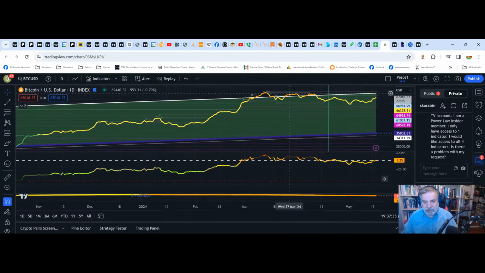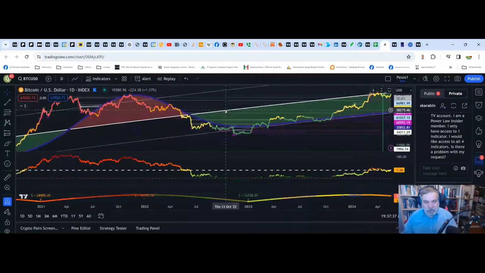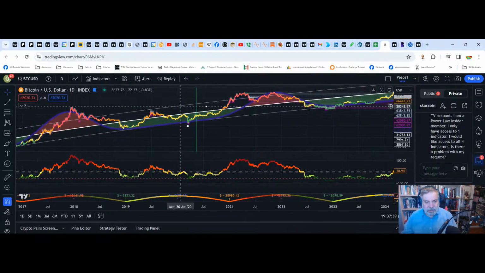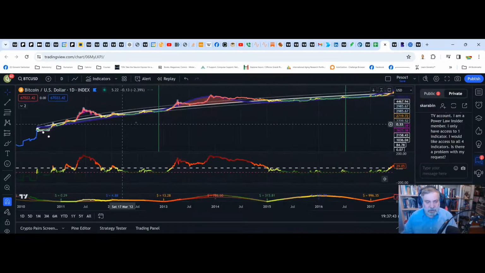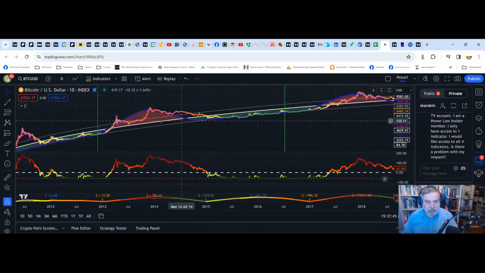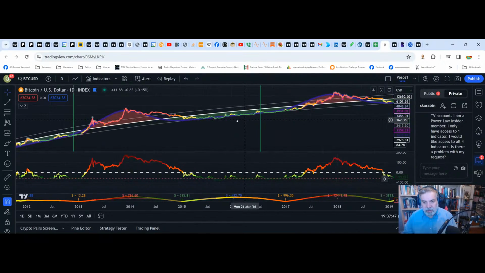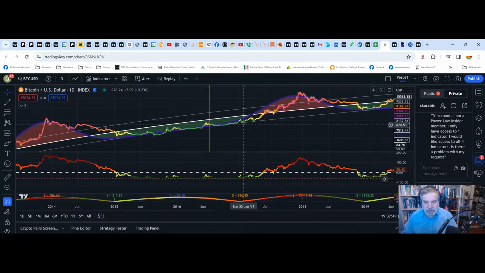Let me reset the chart. You can go all the way to the beginning of the history of Bitcoin. And so you can see this curve, right? Because it's really in this chart where you have a log of the y-axis. It looks curved because anything that is not an exponential will look curved.